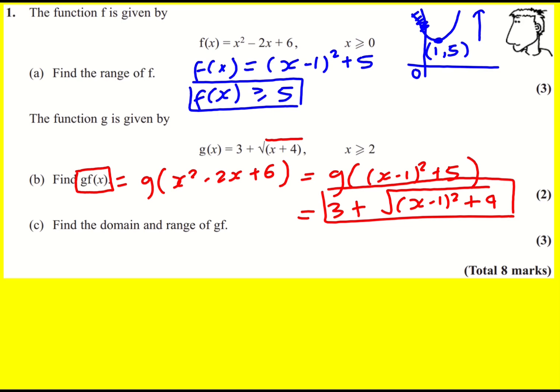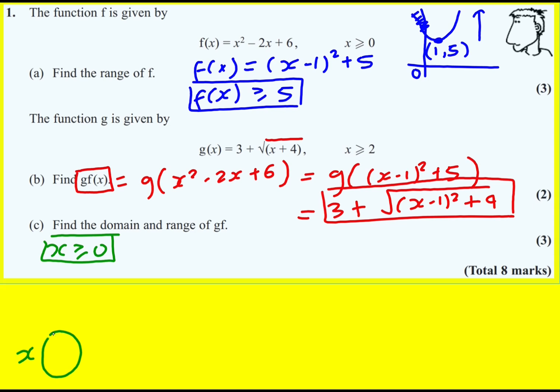Finally, we're asked to find the domain and range of g of f. So for this to exist, the domain has to be the domain of f of x, in fact. Therefore, x will be greater or equal to 0. Now let's just take a look at what's happening. We've got these different x values greater or equal to 0, and then they're mapping onto f of x, and out of that we're going to get greater or equal to 5.